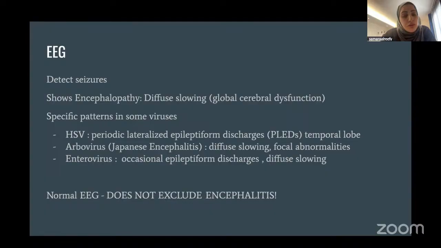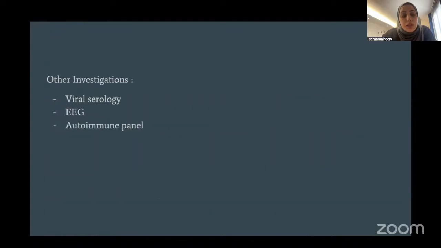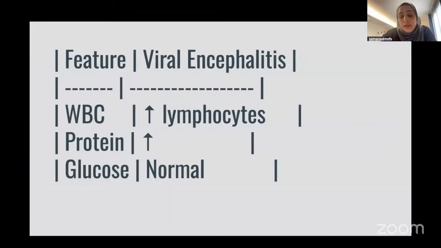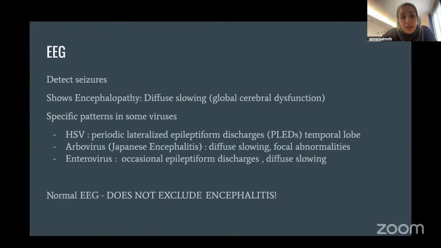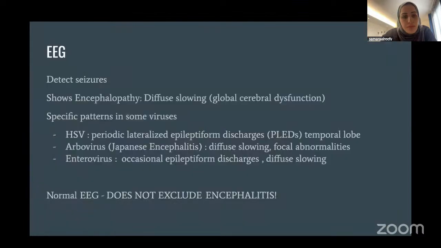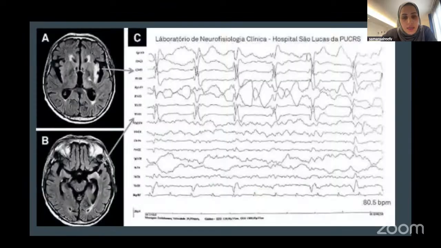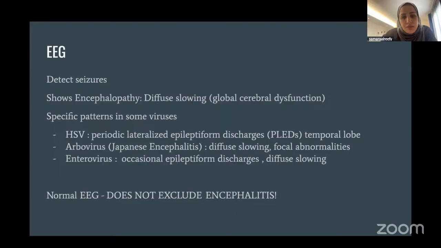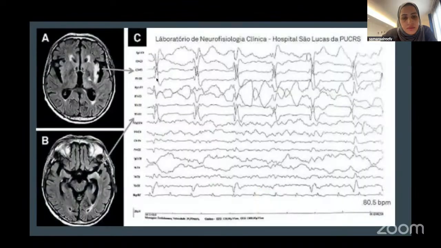Okay, so if you have a normal EEG, a normal CSF, it does not exclude encephalitis. The mainstay is the MRI changes. So this is the PLEDs. You can see here the PLEDs, which are sharp waveforms, discharges with lateralization on the EEG, which is more evident in HSV encephalitis.